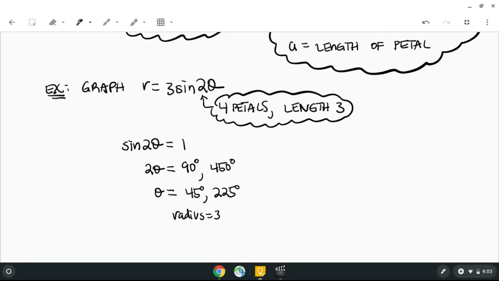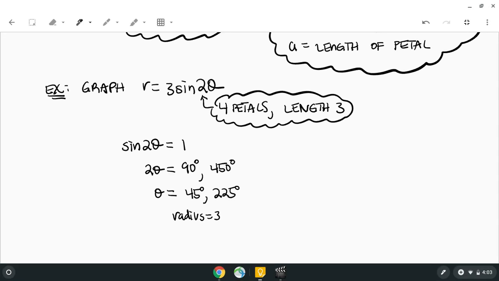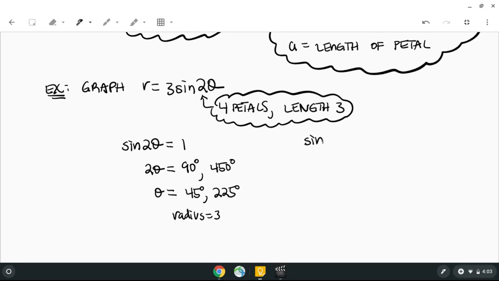But that's only 2 petals, and it says here that we have 4 petals. So the way you find the other 2 is you find out where sine 2 theta equals -1.